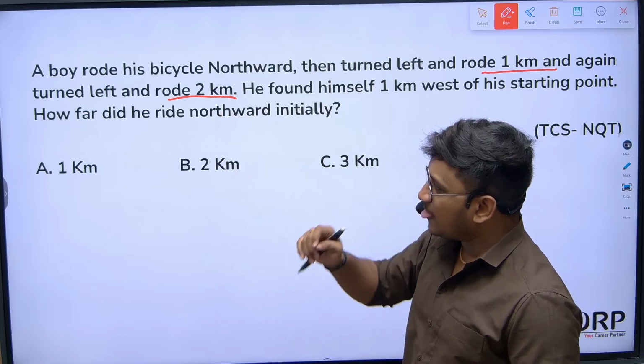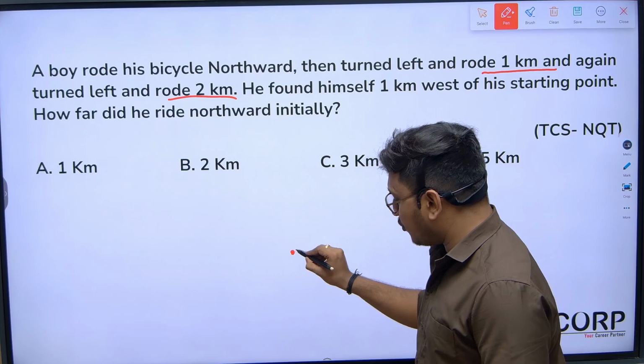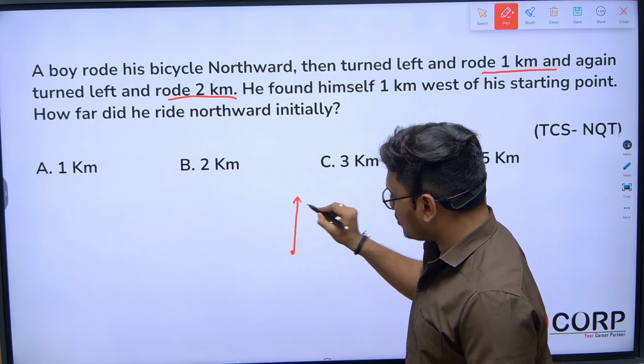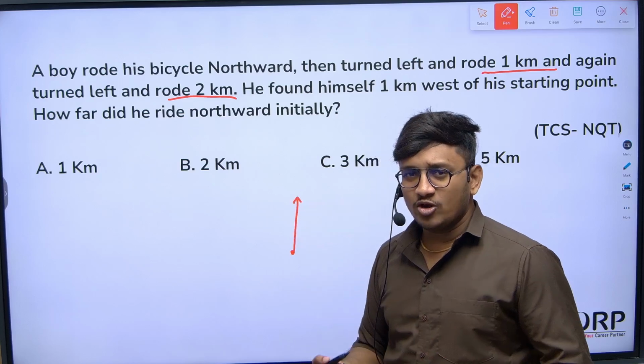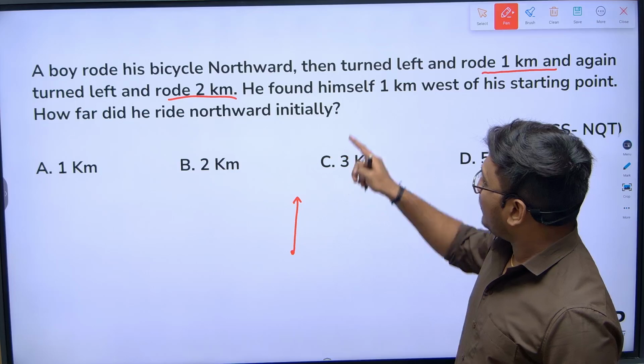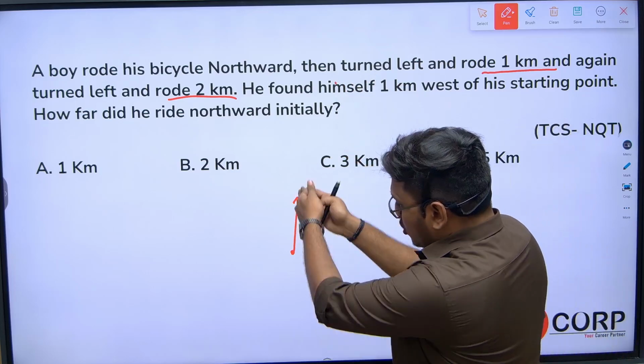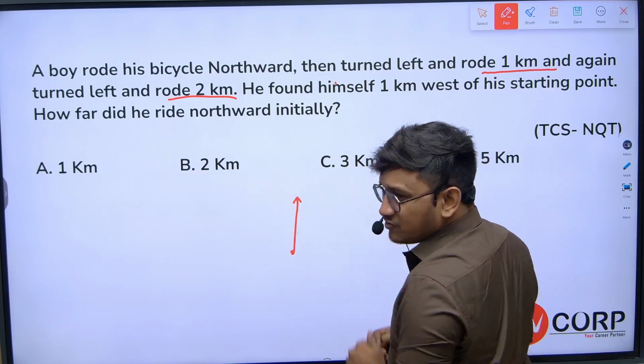Here, a boy rode his bicycle northwards. Let's assume here is the starting point. He rode his cycle northwards. How many kilometers? They didn't mention anything. Then he turned left. If he's going towards north, left means towards west, right?